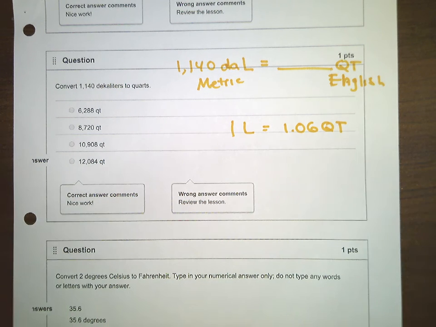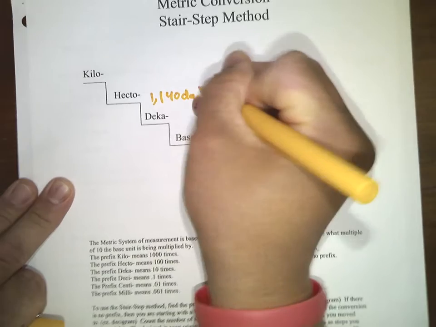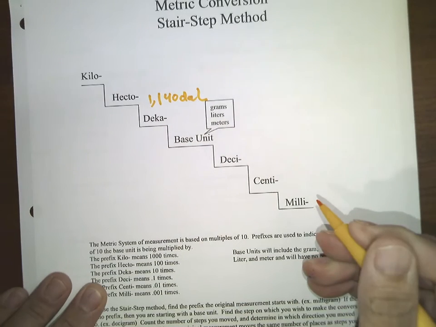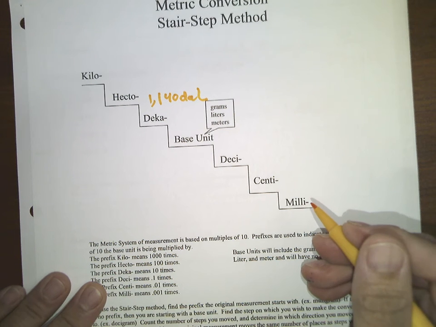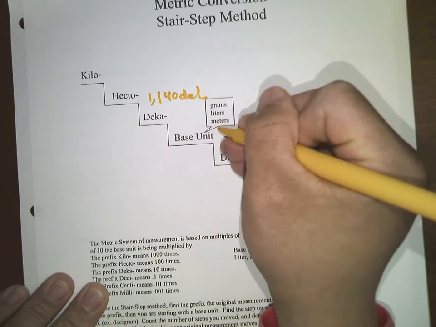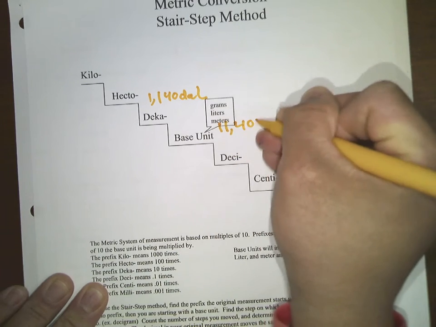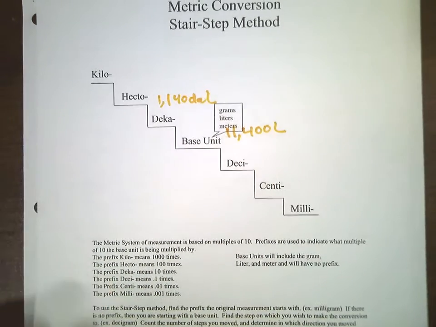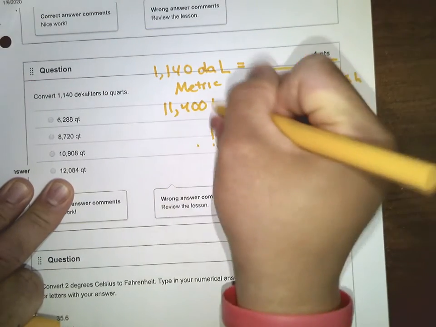So let me use the metric staircase to do that. So I have 1,140 deciliters here. So then this will end up being, if I want to change it to liters, 11,400 liters.